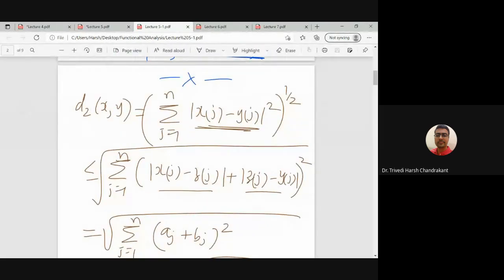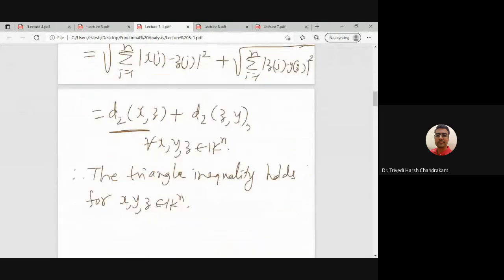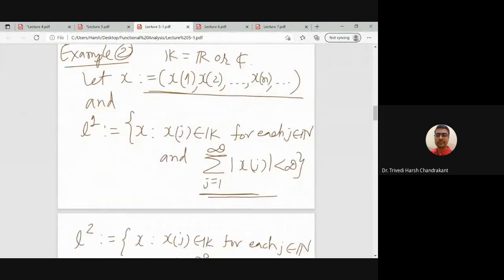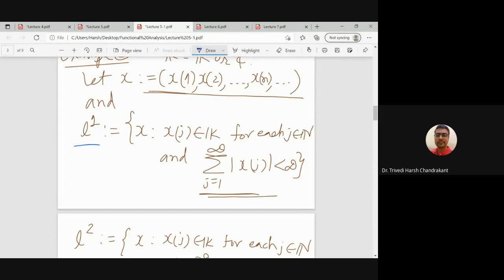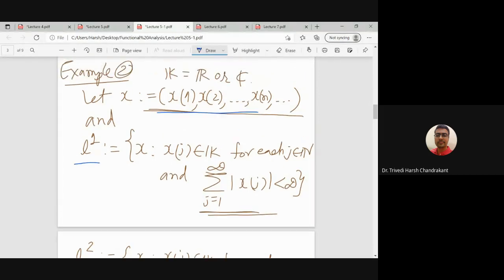Okay, so we have discussed all these things. We defined three sets. First is L1. L1 is the set of sequences x1, x2, xn, and so on. This is a sequence, which we can also write as x1, x2, xn, and so on.